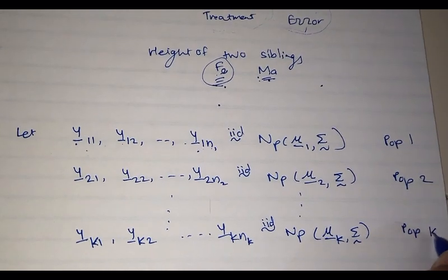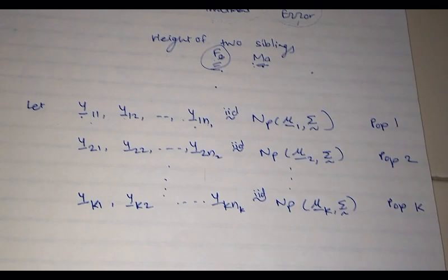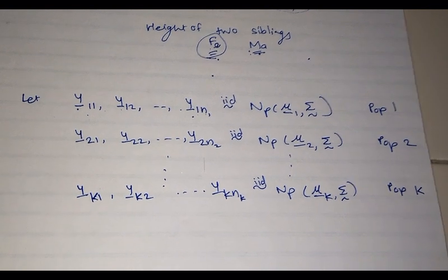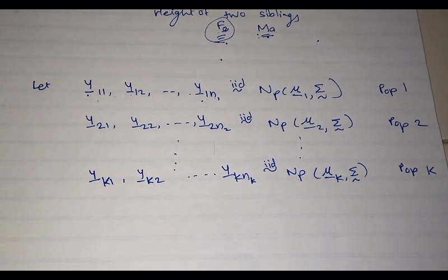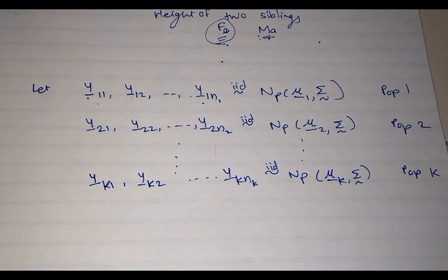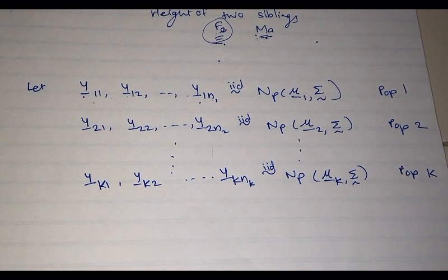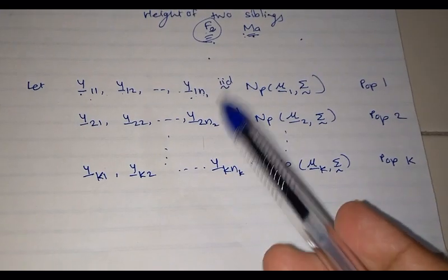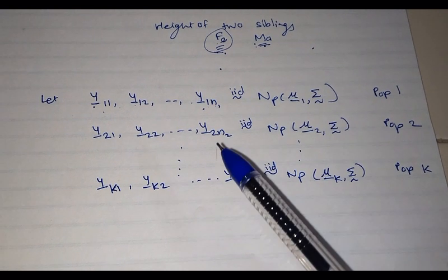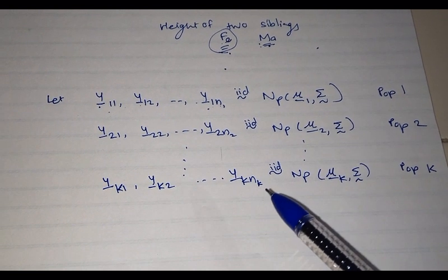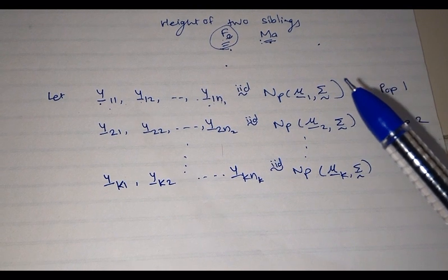This is the kth population. So just like ANOVA, we are having more than two populations. Let me assume we have k populations. The number of observations from each population need not be the same. So I have n1 observations from population 1, n2 observations from population 2, nk observations from population k.